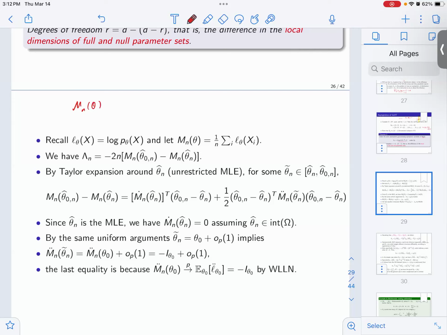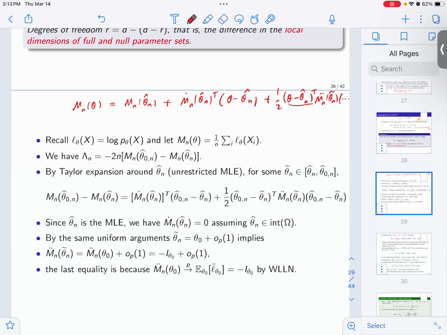n of theta around this. So this would be m_n(theta hat n) plus m_n dot (theta hat n) transpose times (theta minus theta hat n), plus the second order term, which is really (theta minus theta hat n) transpose times the second derivative, the Hessian, at a middle point.